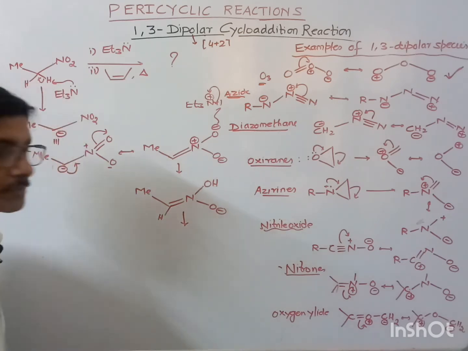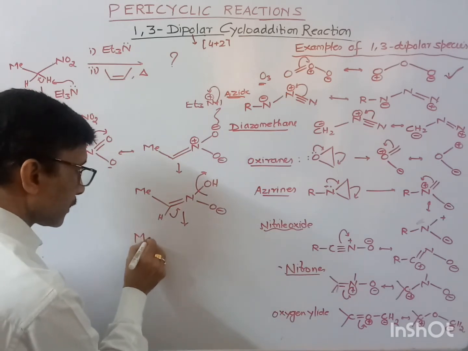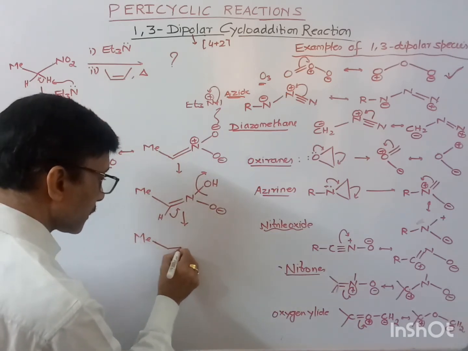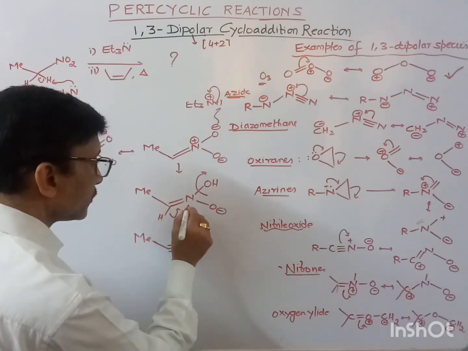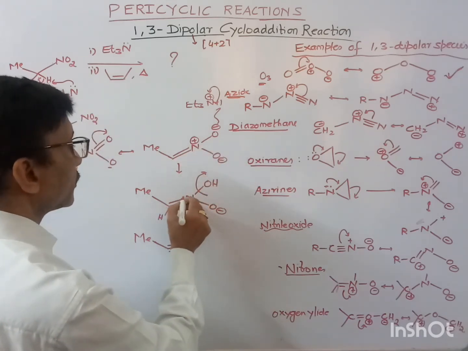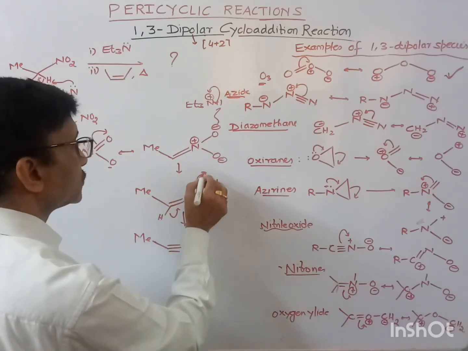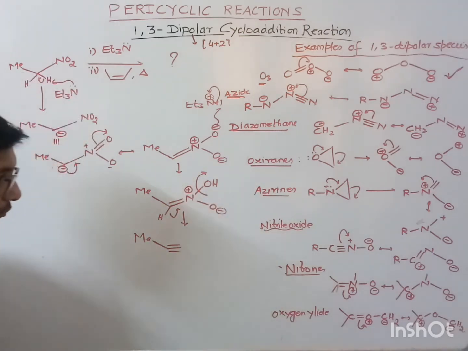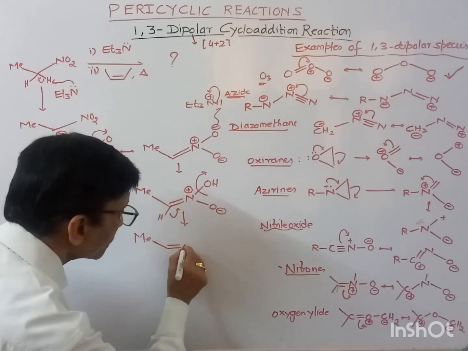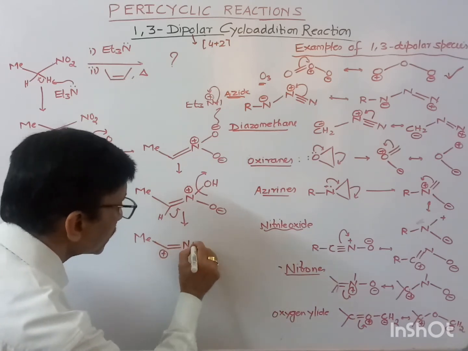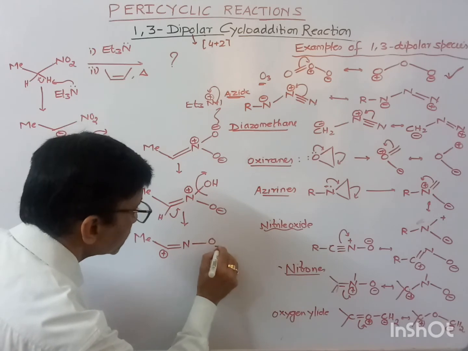Now here we have a triple bond. Again we have the positive charge present on this nitrogen, and this one has a negative charge like this.